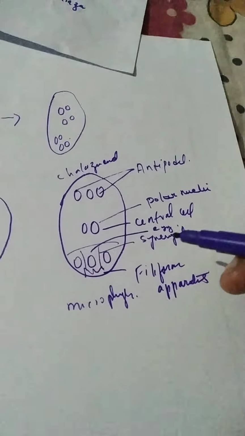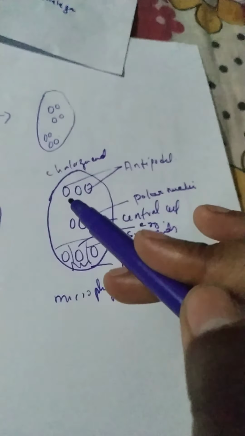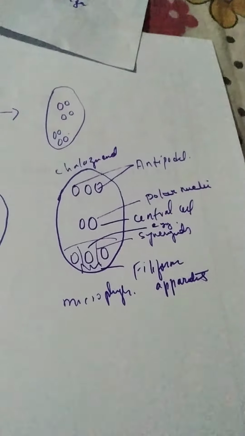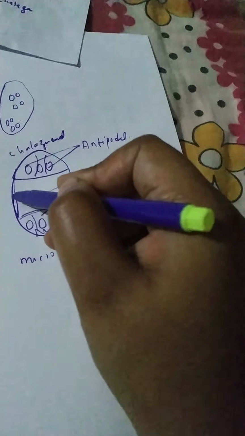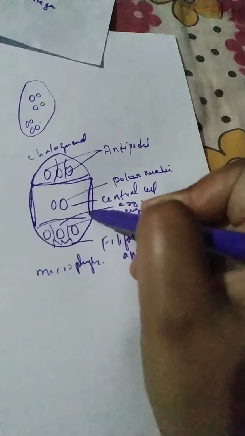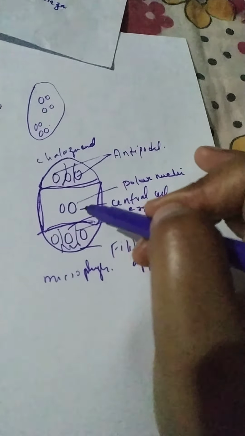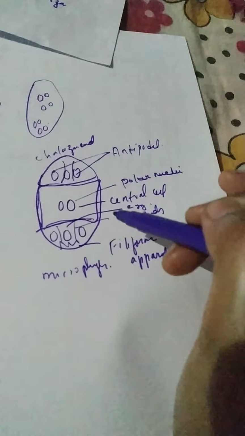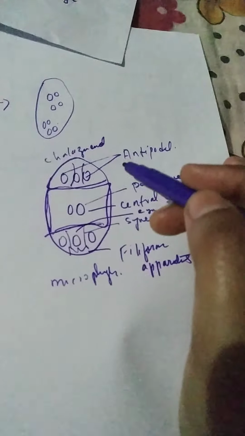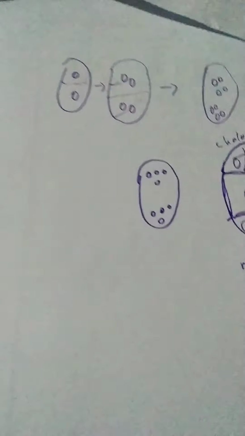So this is the diagram of what is developed from the megasporangium. The wall will be formed, and these 2 will not form any wall, but there will be one wall. This is also a wall, and this is the central cell, and the egg and polar nuclei are formed.